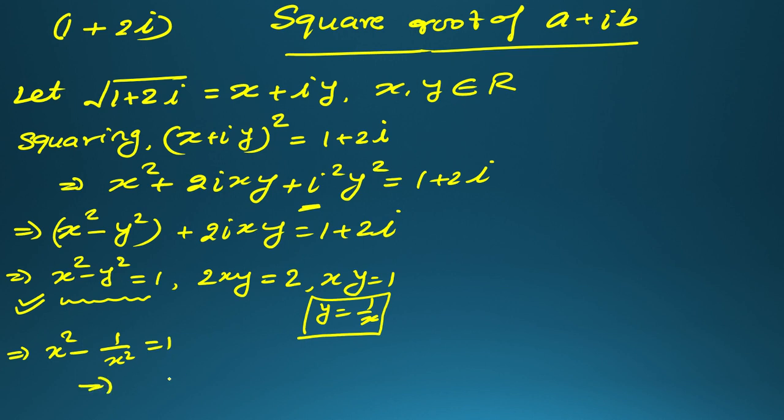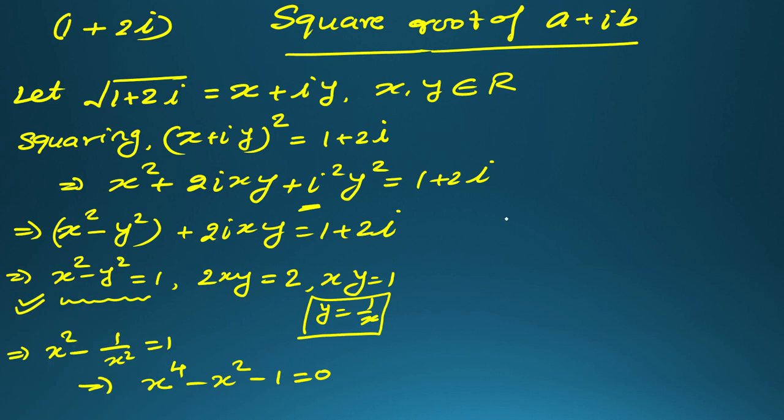By cross multiplying and shifting, the biquadratic equation becomes x to the power 4 minus x square minus 1 is equal to 0. I am doing it in a short way so that I can complete this question on this screen only. Now this is a quadratic equation in x square. So how are you going to solve it?